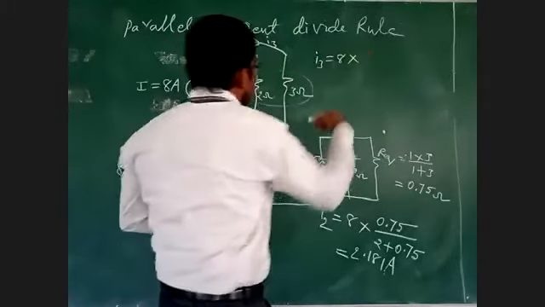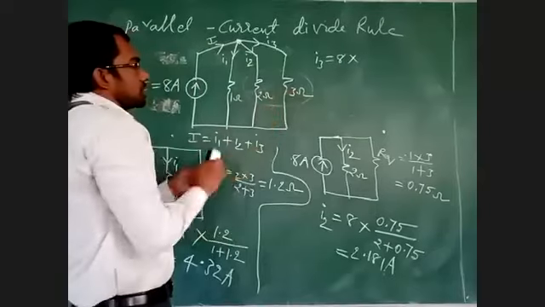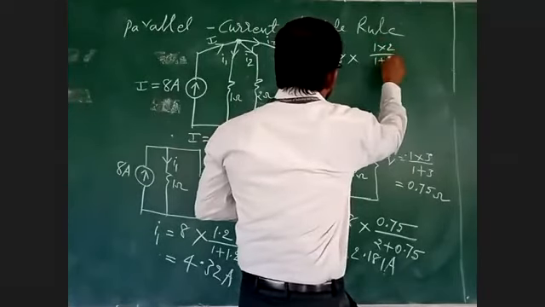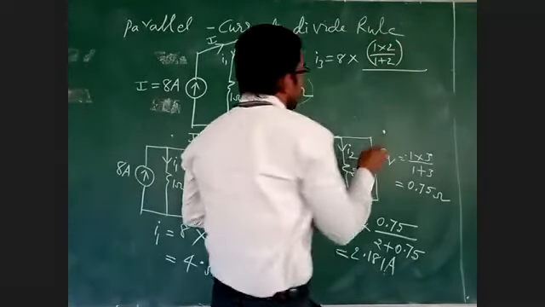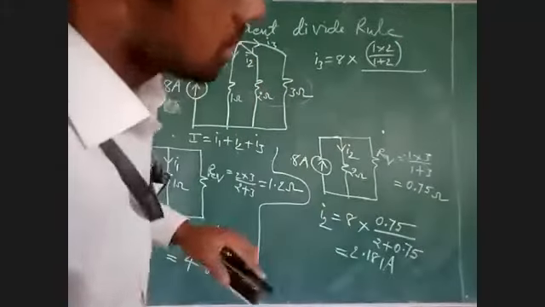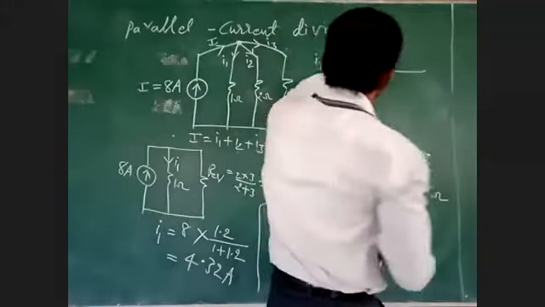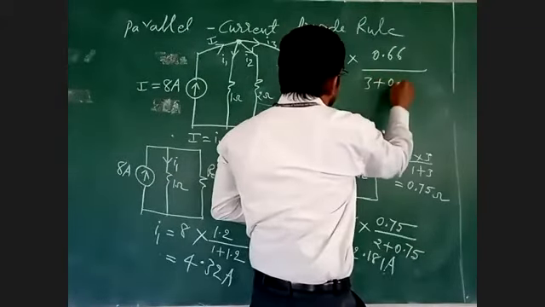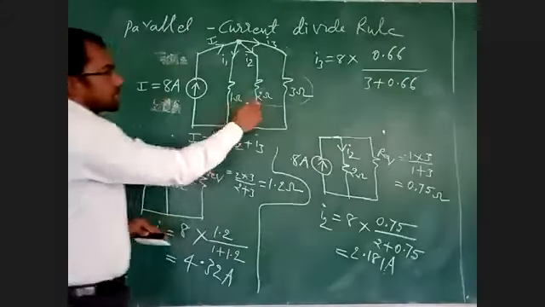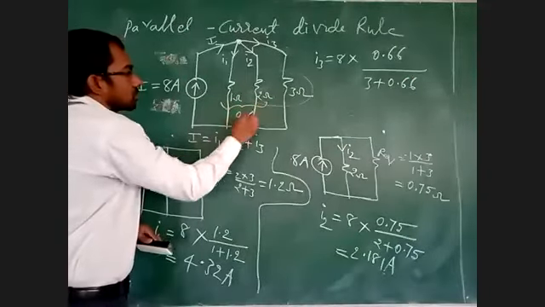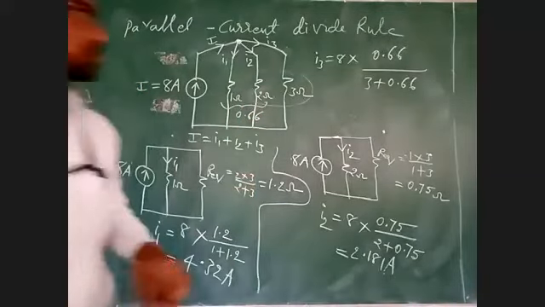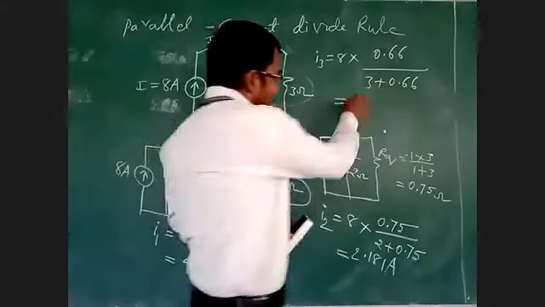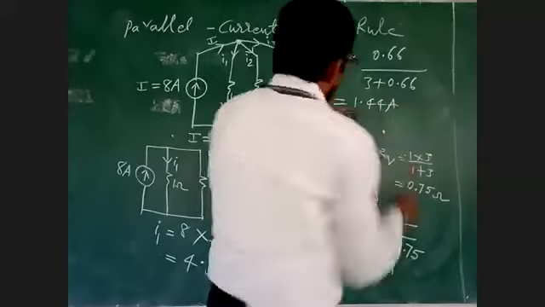I3 is equal to total current into what is the opposite branch for 3 ohms? 0.66. 3 and 0.66 are parallel. That is 1.44.